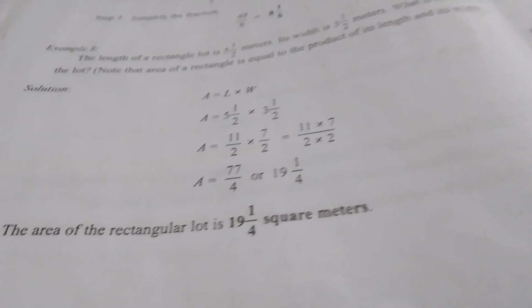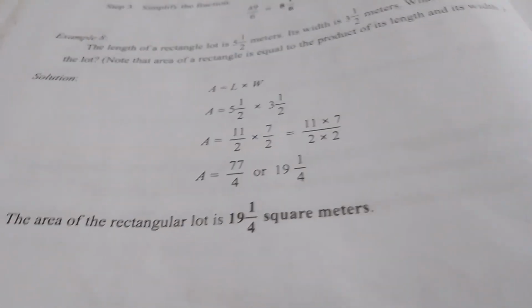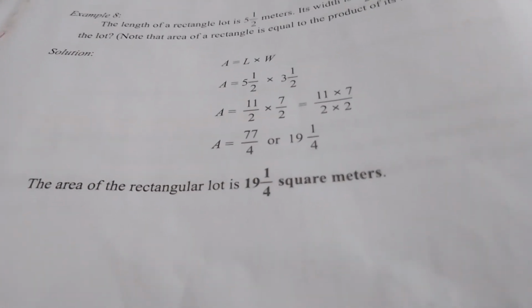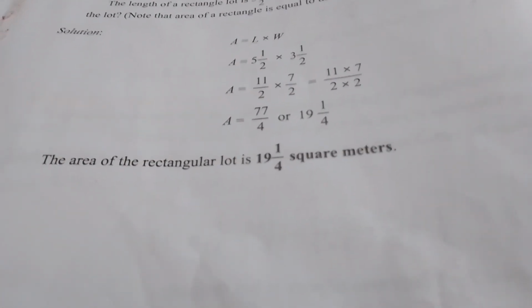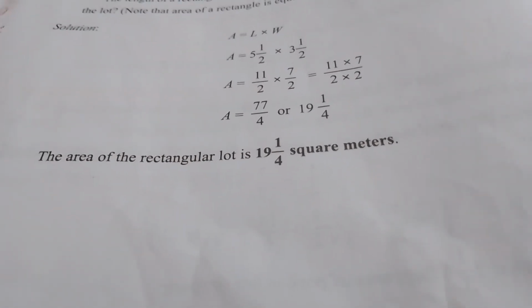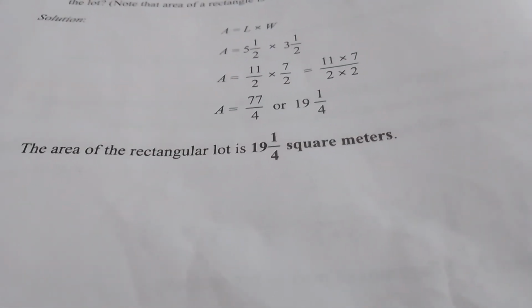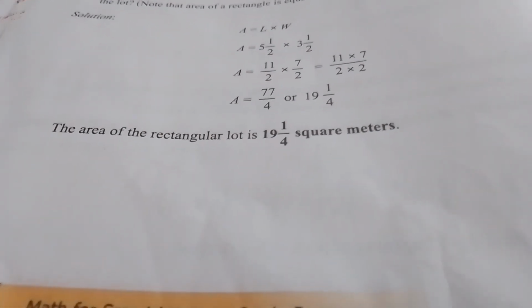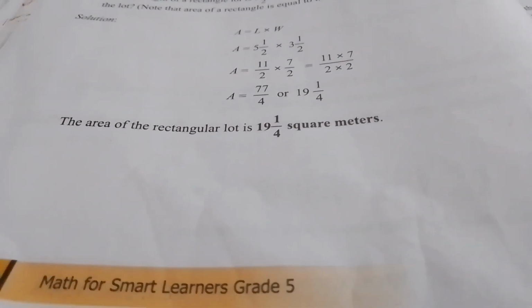So you need to change the mixed numbers to improper fractions. So it's 11/2 times 7/2. So it will be 77/4, or you say 19.25. So the area of the rectangular lot is 19.25 square meters.